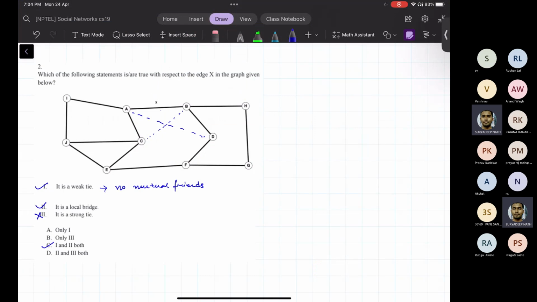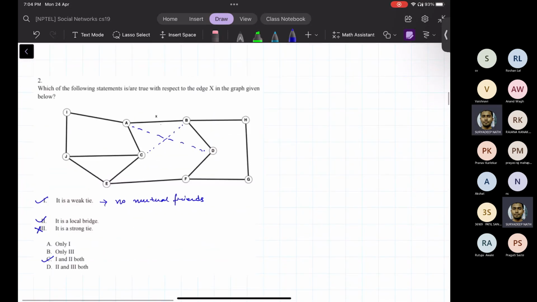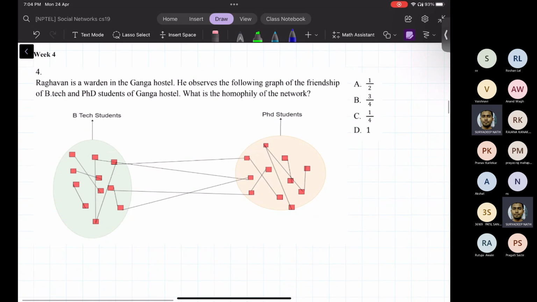Coming back, we proceed on to the week 4 question. In week 4, Raghavan is a warden in the Ganga hostel. He observes the following graph of friendship between BTech and PhD students of the hostel.